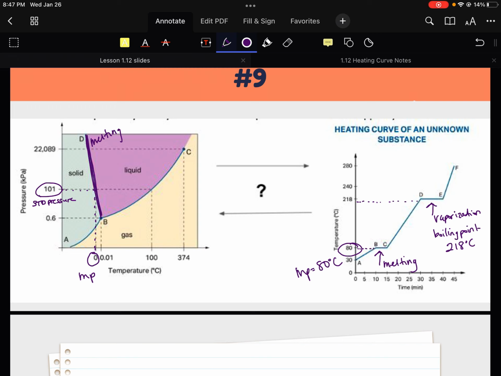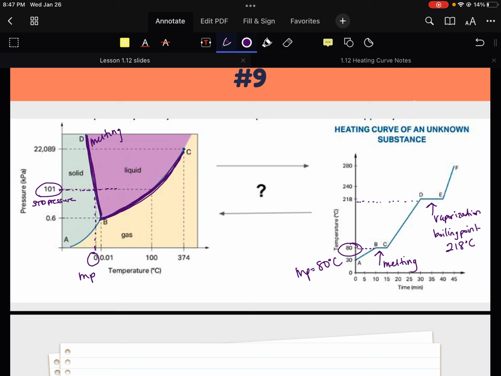It does not. The other data point I have is the boiling point, where it changes from a liquid to a gas. So my line here is where it's vaporizing, turning from a liquid to a gas.